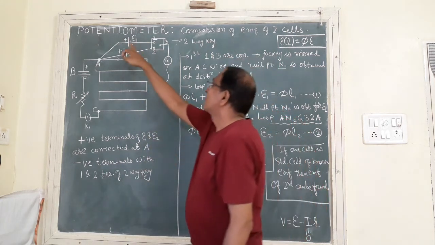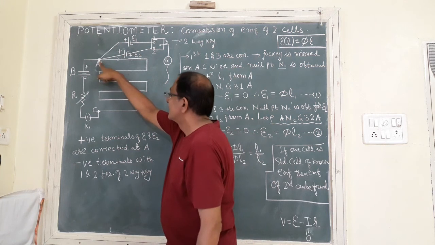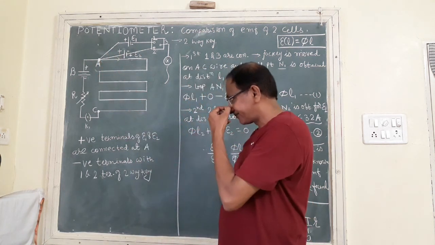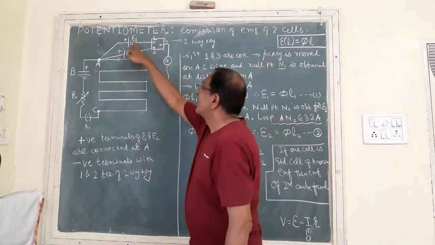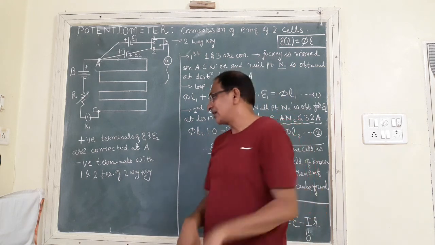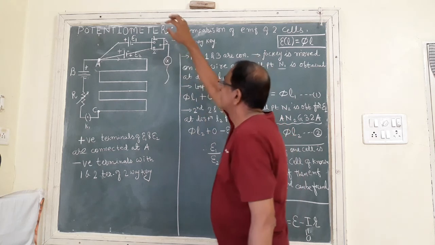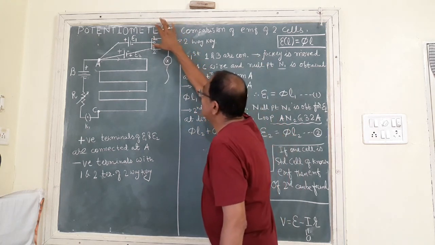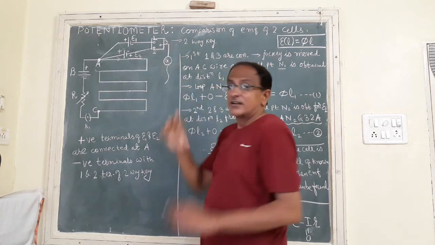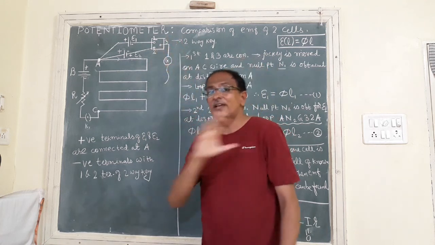Now see, the positive terminals of these two cells are connected with the end A of the potentiometer wire, and the negative ends of these two cells whose EMFs are to be compared are connected with terminals 1 and 2 of this special key, which is known as a two-way key.